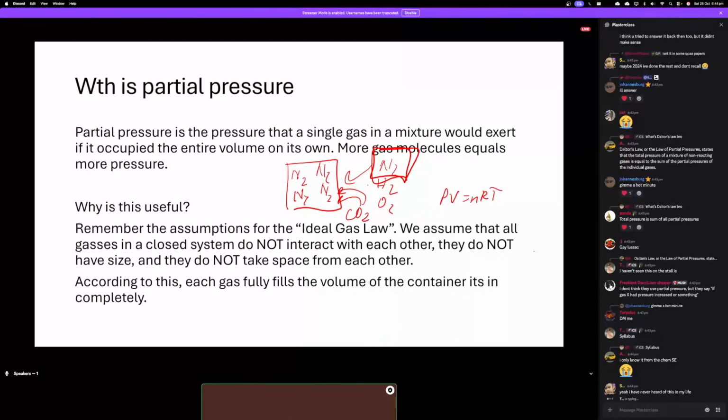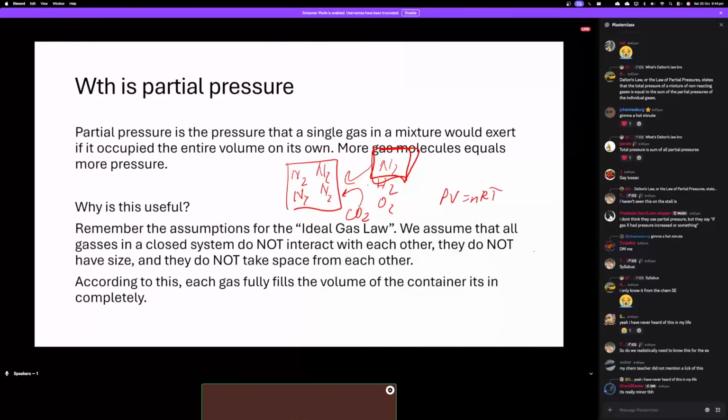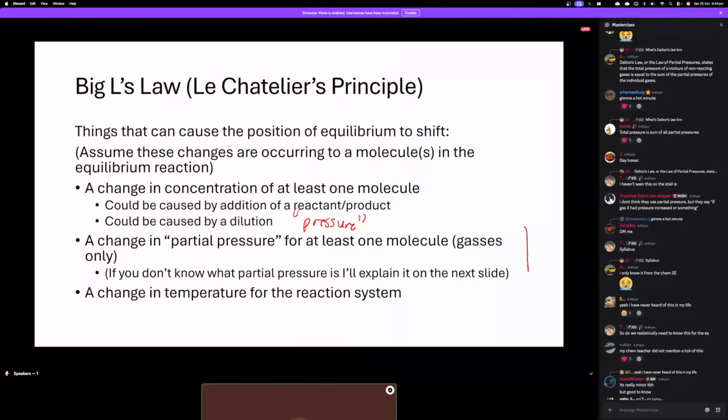You might have heard it with different words or phrased differently. Do we really need to know this? Well, the biggest thing is I want to point out that this CO2 being added is something that a lot of people get wrong. People think, if I add a gas to this container, then the pressure inside the container increases, and so we know that LCP is caused by pressure change.